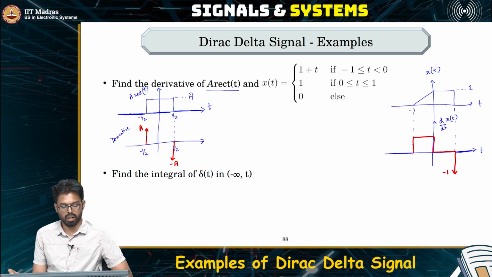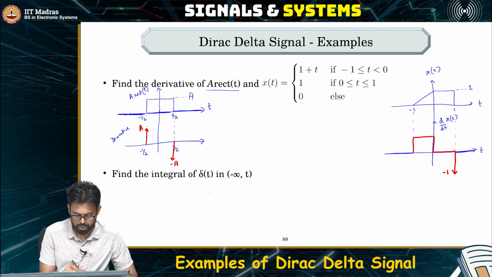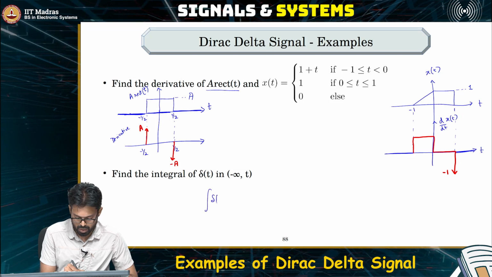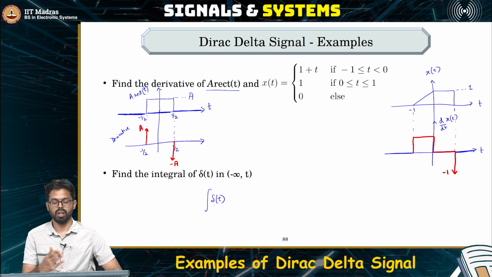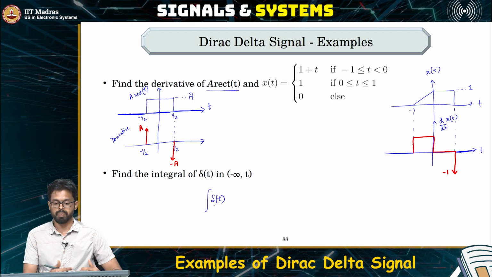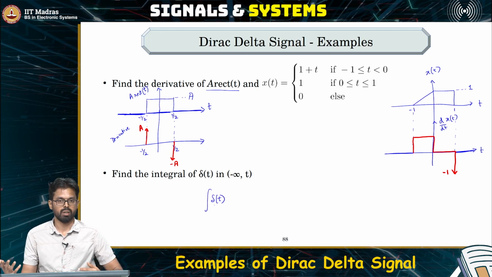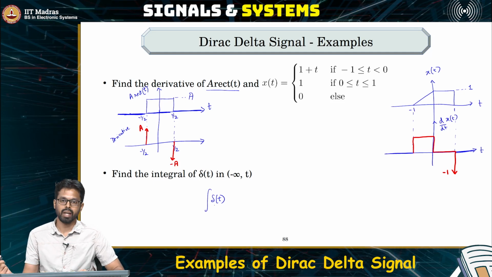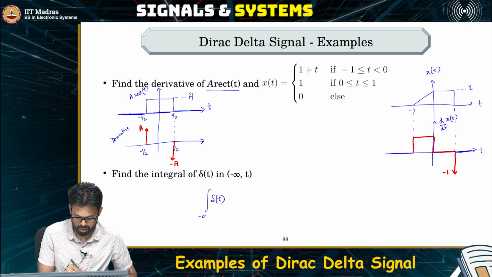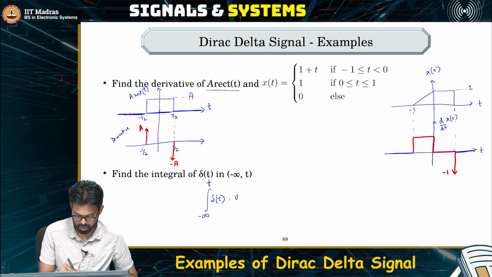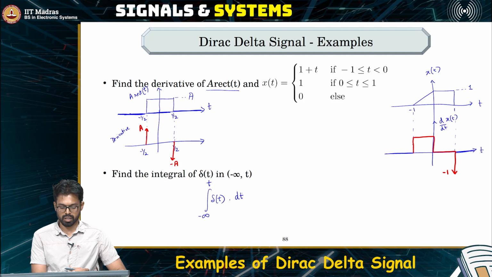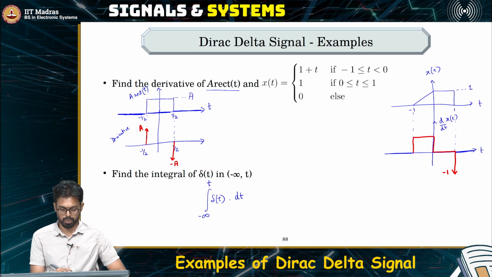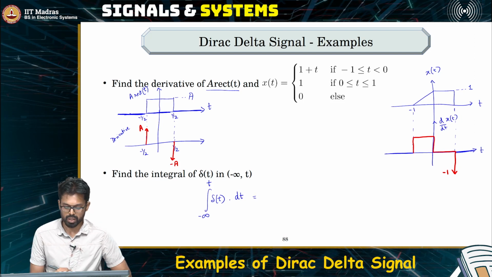Okay. Now let's say somebody asks you to integrate this. Let's say we take the spike and feed it to another circuit which has integrative properties, like that of an inductor. What do you get out of that inductor? Let's see what happens. Basically you are integrating the Dirac Delta function, the spike, from minus infinity to t. What does this mean?